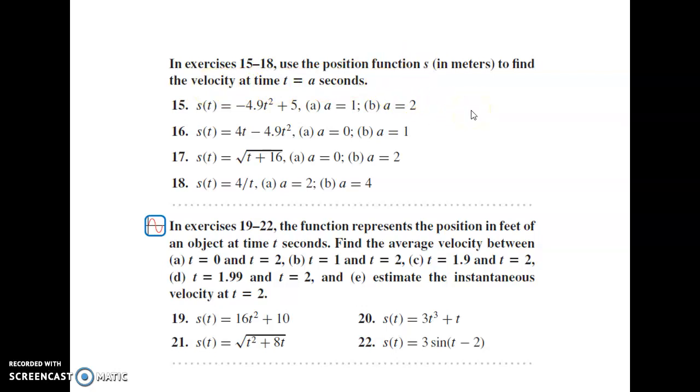Otherwise, I will mention clearly average velocity. Whenever it is average velocity, 2 points are given. Whenever it is a velocity, 1 point is given. So you are finding the velocity at 1 point, one question, and at another point t equal to 2, not at these 2 points. This is one question, this is another question.